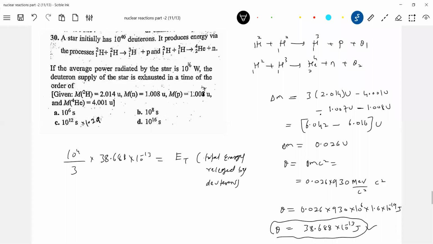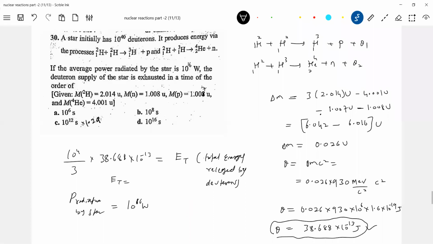Now what is the average power? The average power radiated by the star is equal to 10 to the power of 16 watt. Calculate its energy. So I think now you can bring the time, no? Anybody give the value of ET?